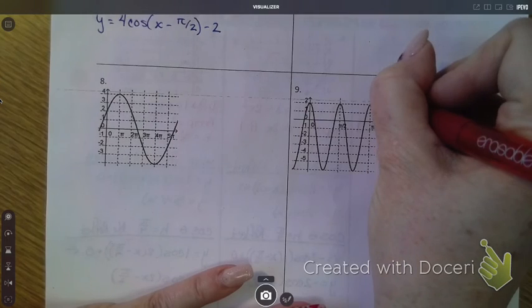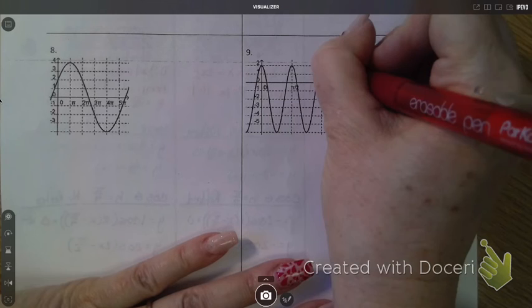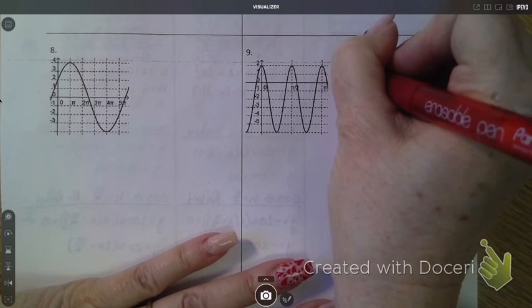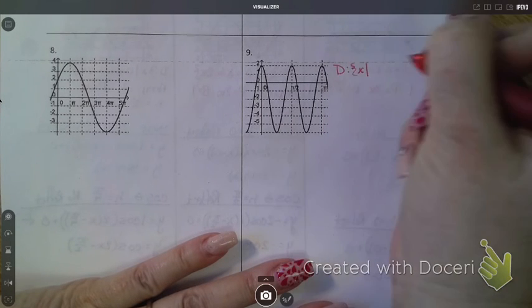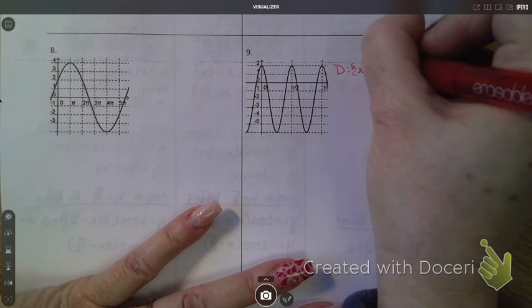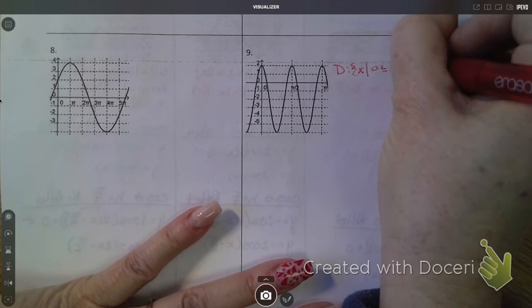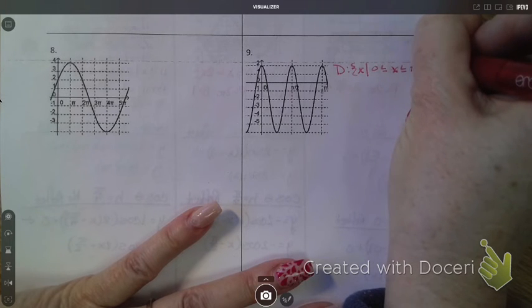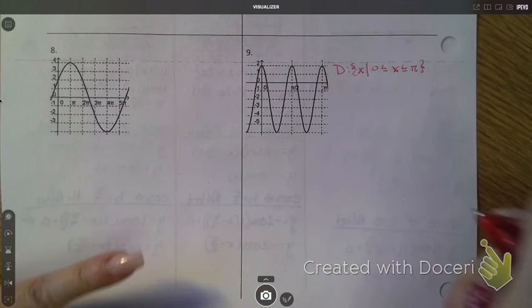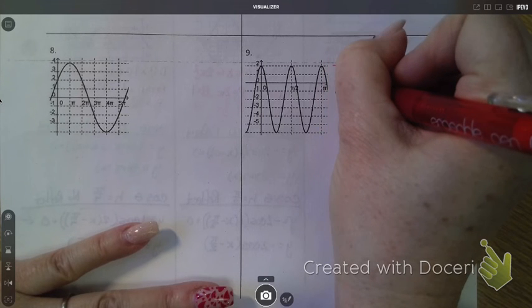Okay, so first thing is domain. So x such that what to what? 0 to pi. Amp.